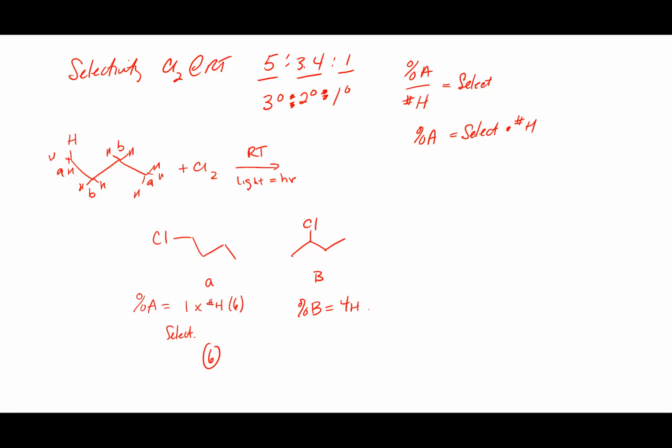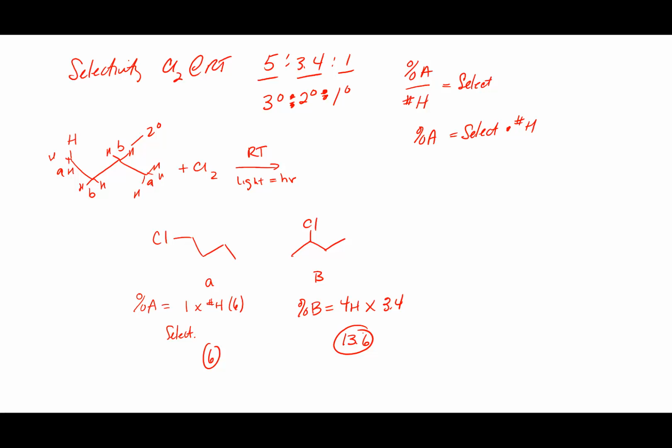So I got 4 hydrogens, and what kind of hydrogen is replaced to give me product B? Secondaries. And so what's the selectivity for secondary? It was 3.4. And so 4 times 3.4 is 13.6. And so that would be the number for that product.